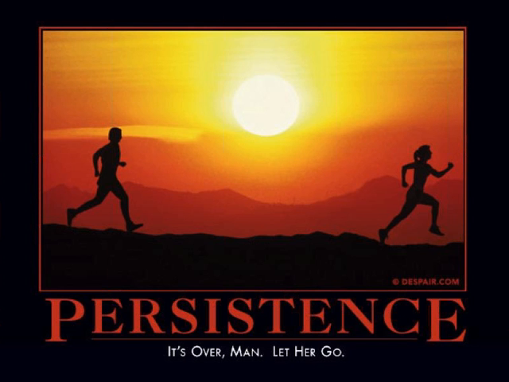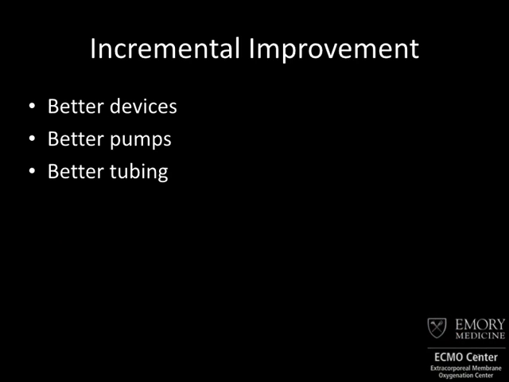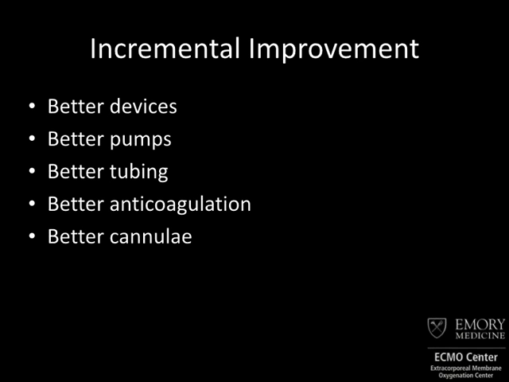We've come a long way from then in the management of critically ill patients, and we've come a long way since then in the management and the design of ECMO equipment. There's been incremental improvement in the world of ECMO, and it's really been focused on the technology that we use to provide this. We have much better devices right now. We have better pumps compared to what we used to have. The tubing is all heparin bound to prevent the formation of clot.